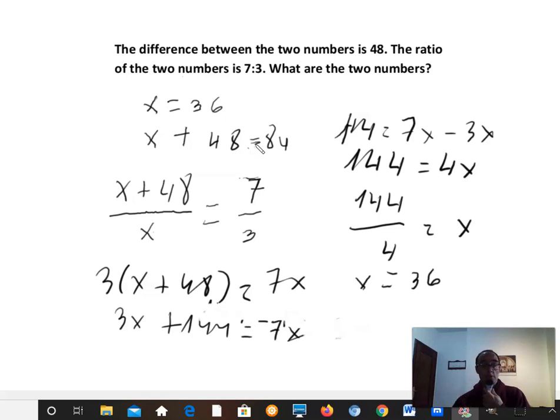If we subtract 36 from 84, we get 48. And if we simplify the fraction 84 divided by 36, dividing both the top number and the bottom number by 12, we get exactly 7/3.